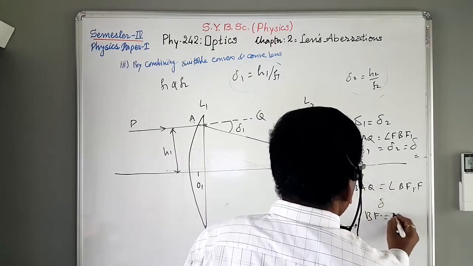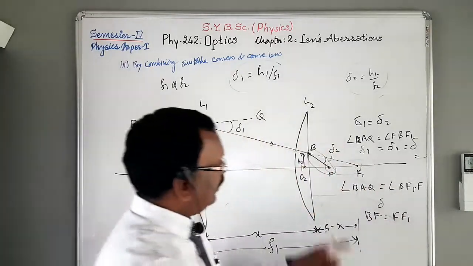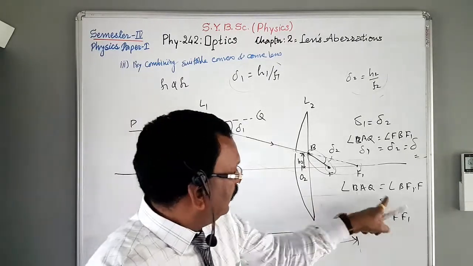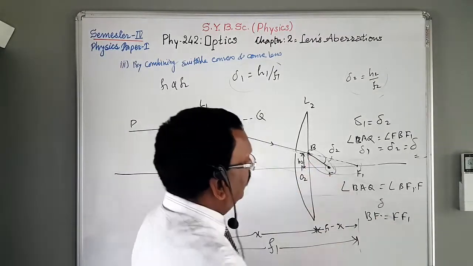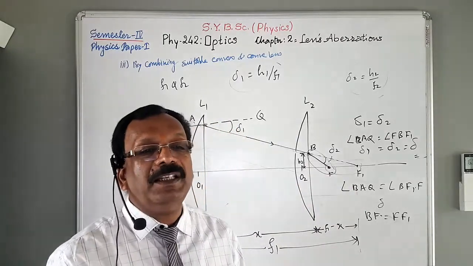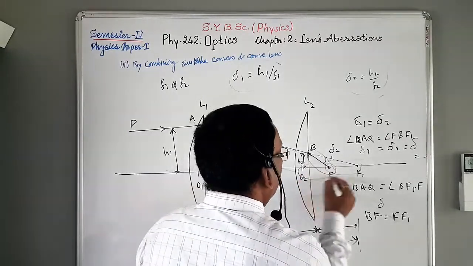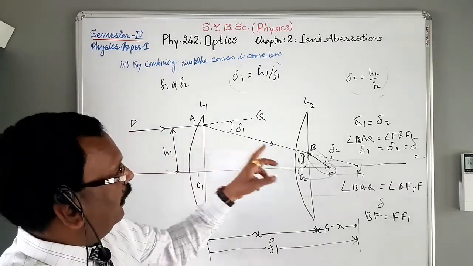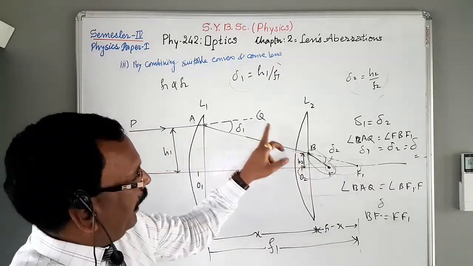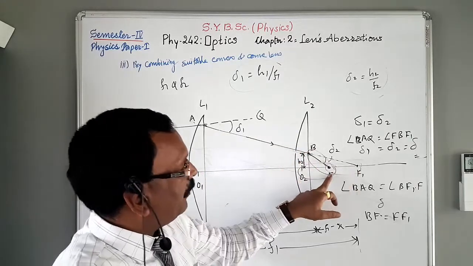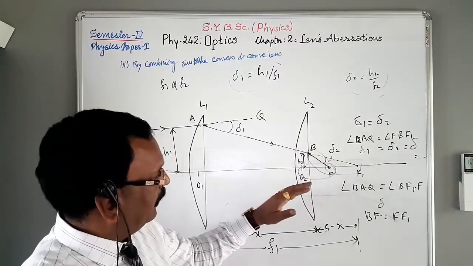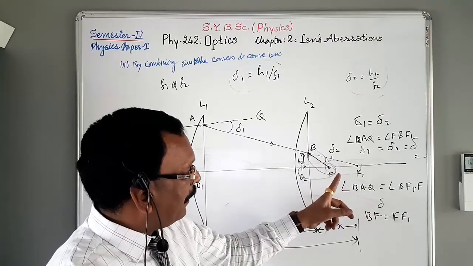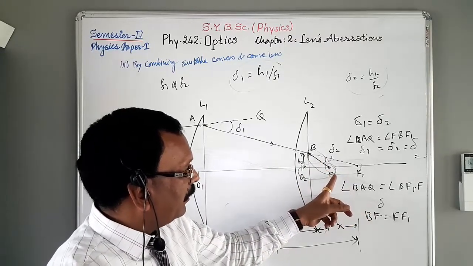This is from the figure. But this distance BF is approximately equal to O2F, this one. So if in this figure angle BAQ and angle BF1F are the same, then we can write BF is equal to FF1.